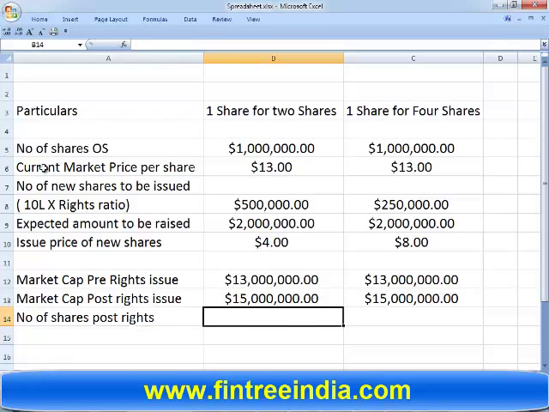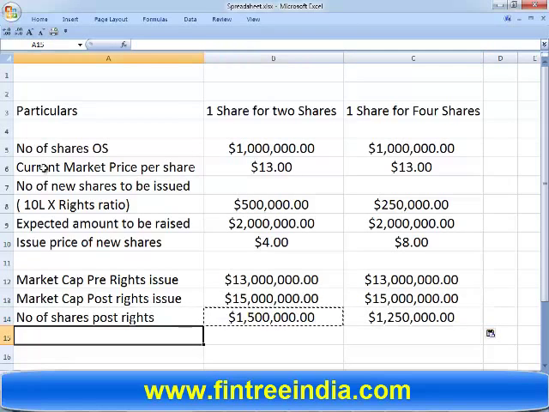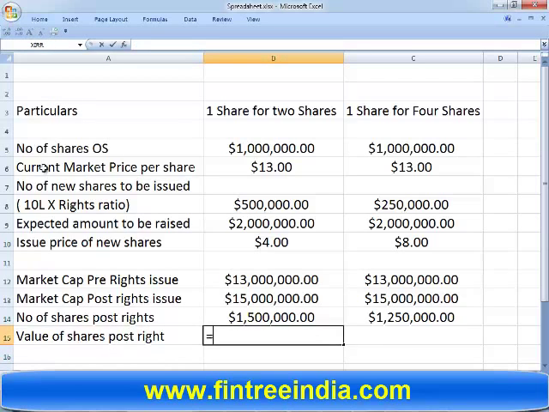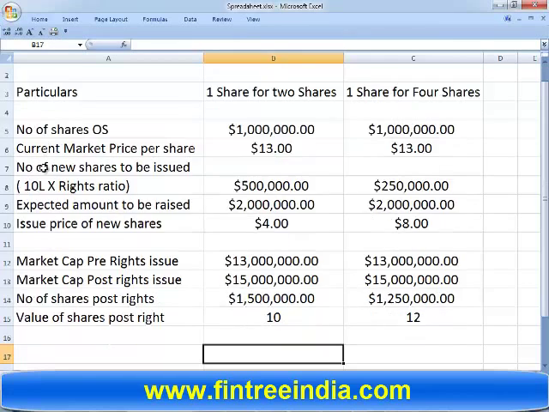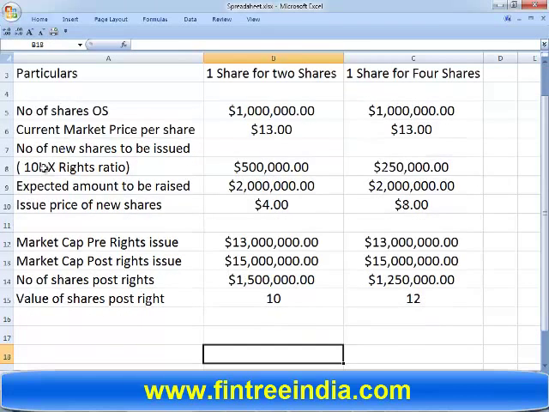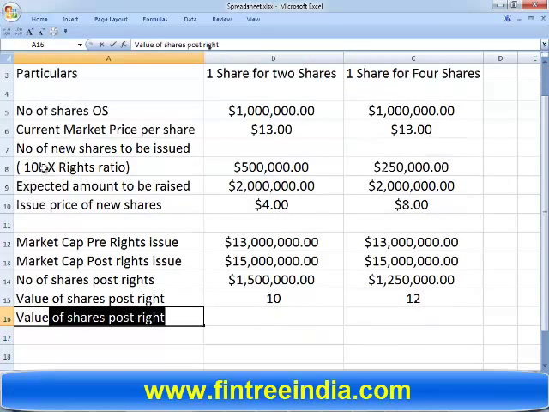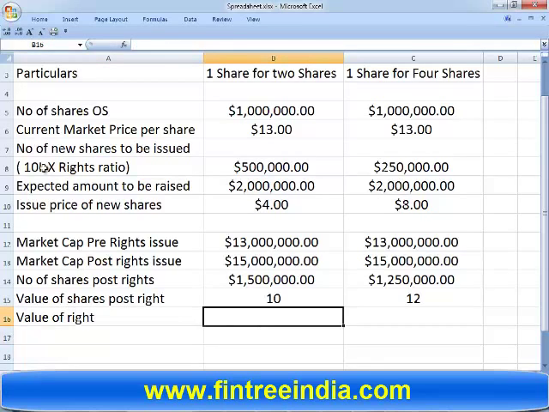Number of shares post rights. Value of right.